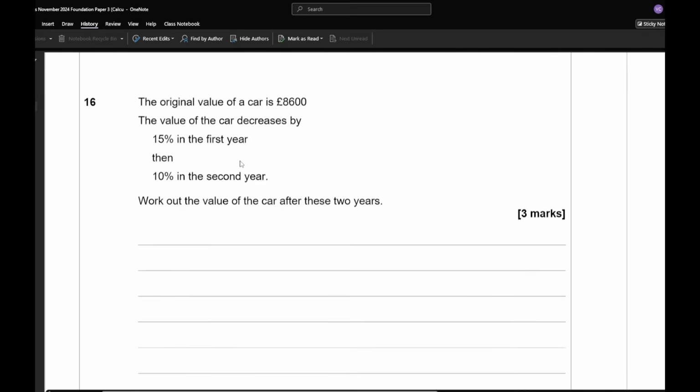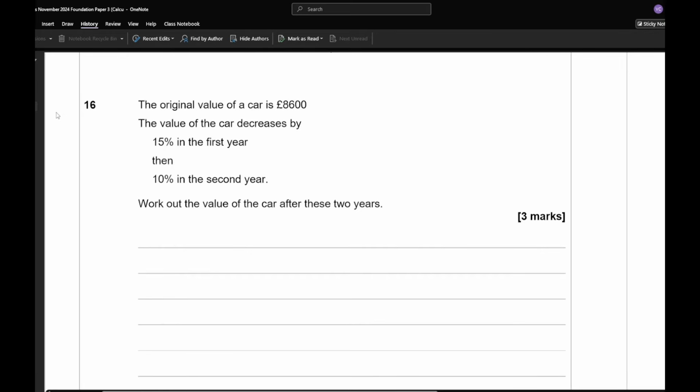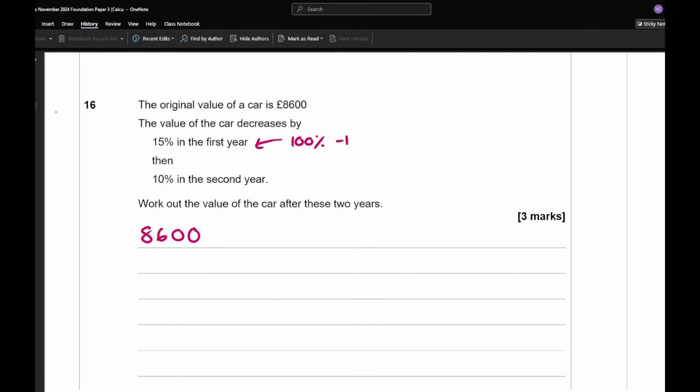For question 16, it says the original value of a car is 8,600. The value of the car decreases by 15% in the first year and then 10% in the second year. Work out the value of the car after these 2 years. So if we start with 8,600, and we're taking off 15%, that's 100% minus 15%, which equals 85%, and that as a decimal is 0.85.